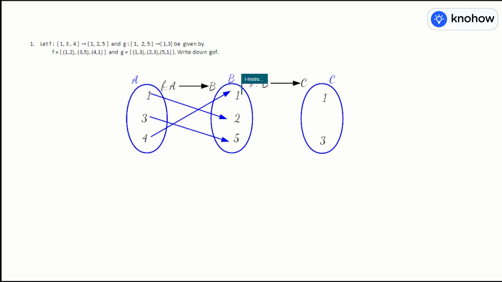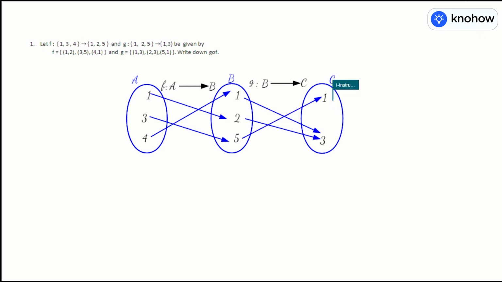And now let me see function G. What is function G? 1, 3. 1 is associated to 3. And 2, 3. 2 is also associated to 3. And 5, 1. 5 is associated to 1.